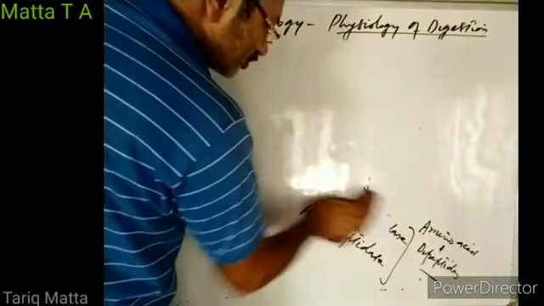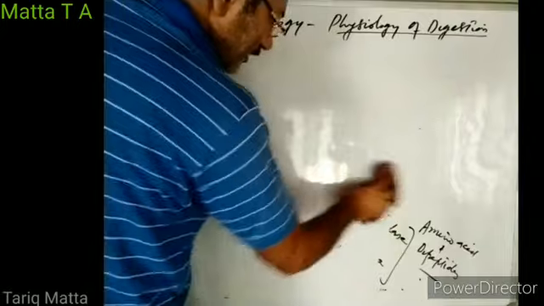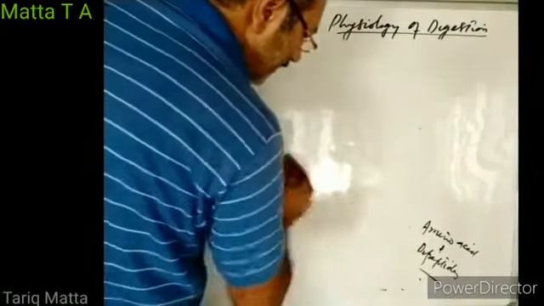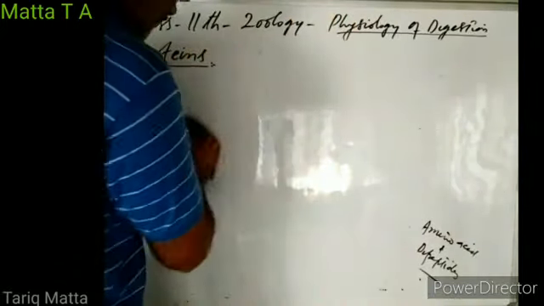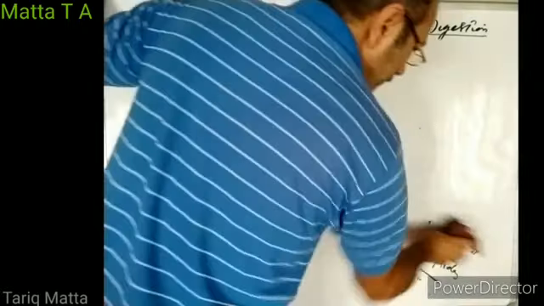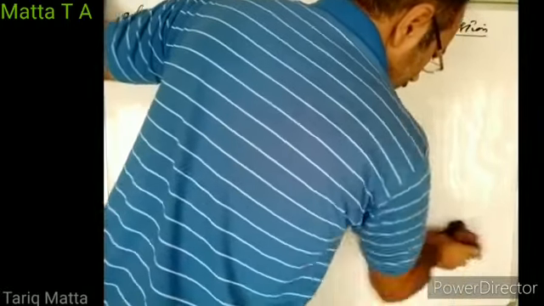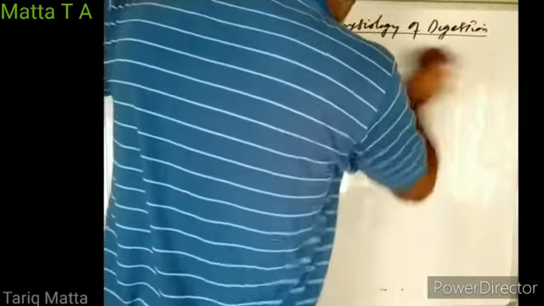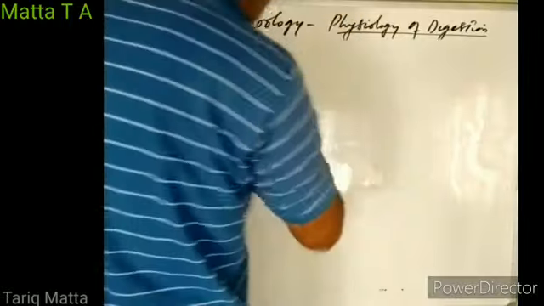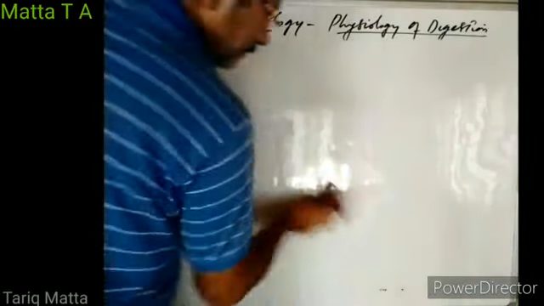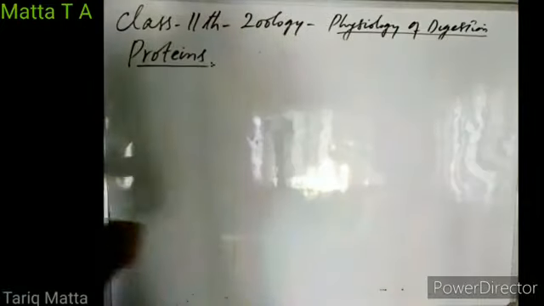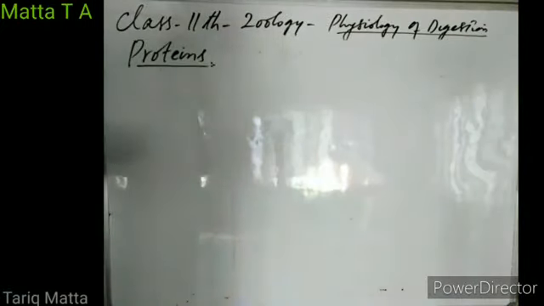How much gastric juice is released per day? Approximately 2 to 3 liters of gastric juice is released per day into the lumen of the stomach. So we will see how these proteins are digested in the stomach.